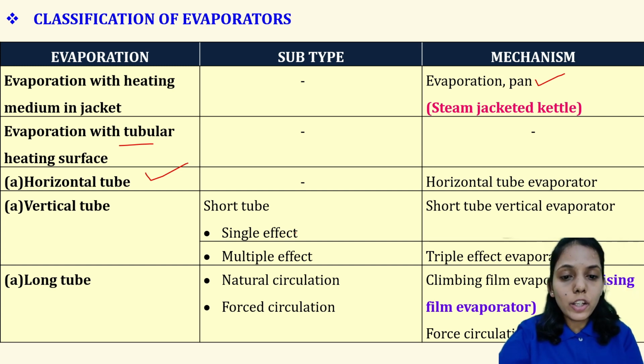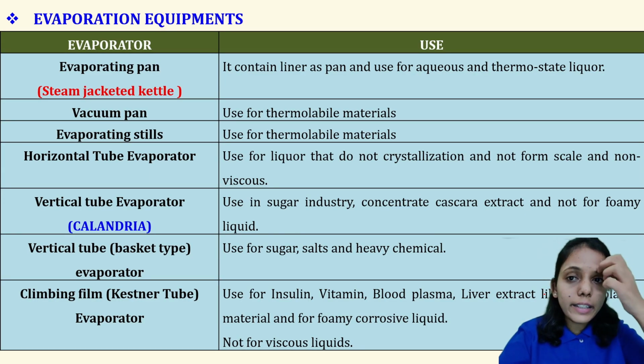Vertical means either short tube, that is a single effect short tube vertical evaporator, or multiple effect, meaning triple effect evaporators will be used. Long tube, so natural circulation and forced circulation will be there. So the climbing film evaporator, that is a rising film evaporator, the climbing one. And the forced circulation evaporator is another type.